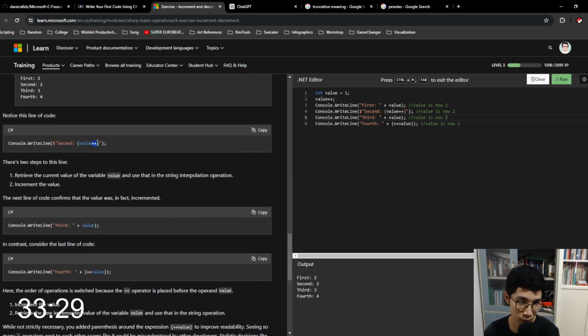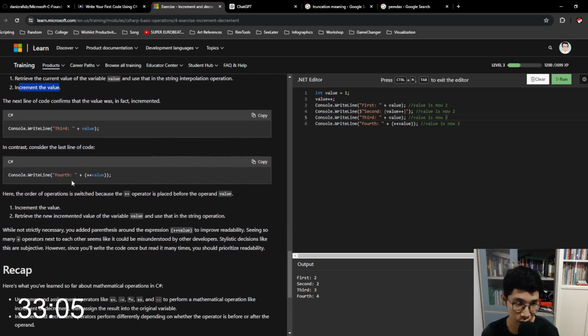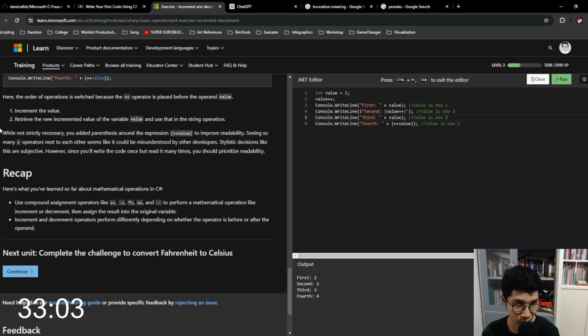If the plus plus is after the value, retrieve the current value of the variable value and use that in the string interpolation operation first, so it doesn't do any calculation. After that, the next line will be incremented, so the calculation happens on the next line. That is the difference.